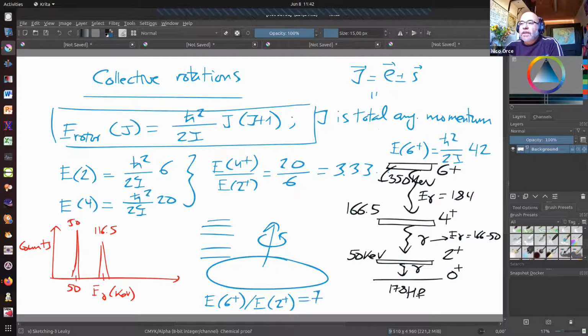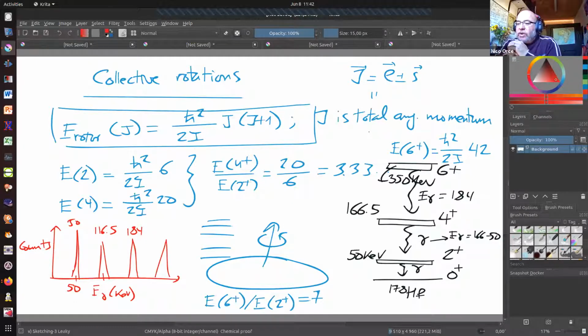So in this spectrum, we have a 184 energy right here. And we can continue. And this will be the energy of the transition from the 8 plus to 6 plus. But I will leave it here for you to again explore.